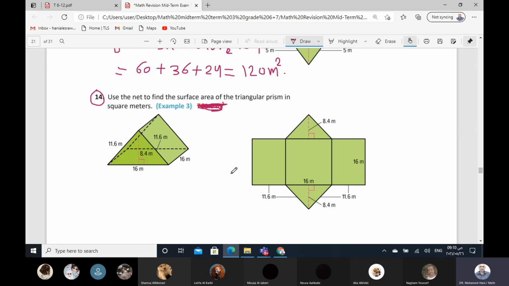Mr., Yes, is the answer 761.6 meters squared? Maybe. Thank you, Alia. Who has a different answer?